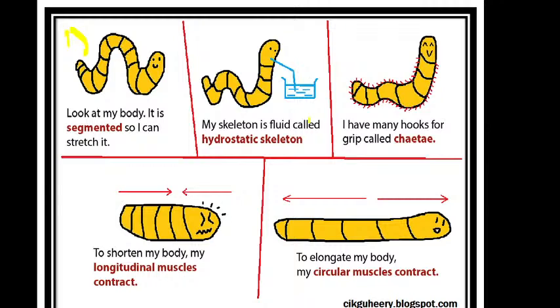They have many hooks on the body, known as setae, and they can shorten their body with the help of longitudinal muscles and elongate their body with the help of circular muscles.